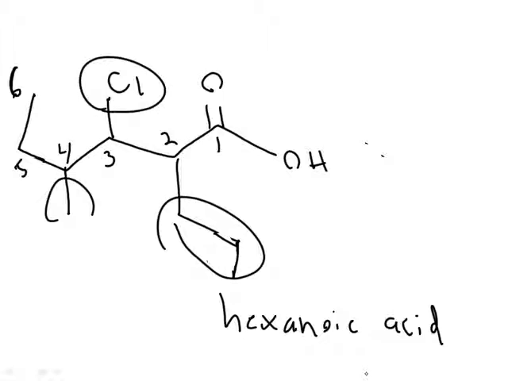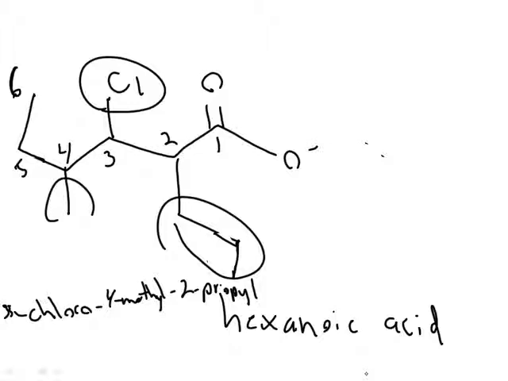So 3-chloro, 4-methyl, 2-propyl, and that ends up being a little too long, but I'll rewrite it again when I do the ion. Now, to name the corresponding ion, it's exactly the same.